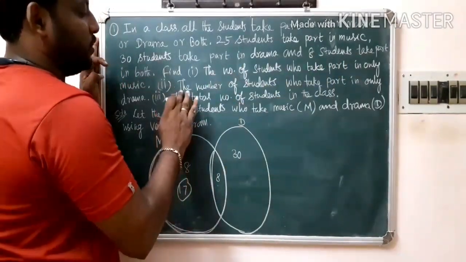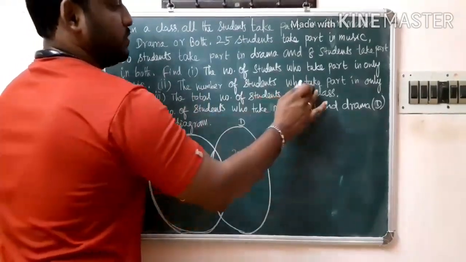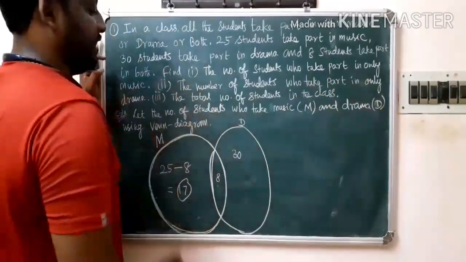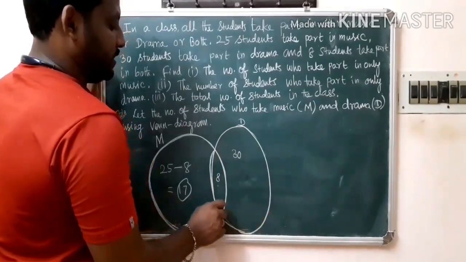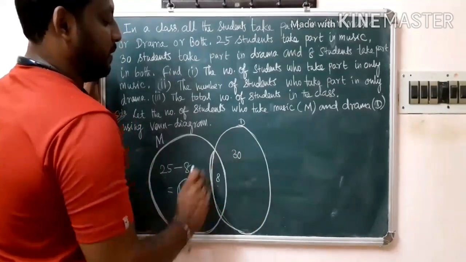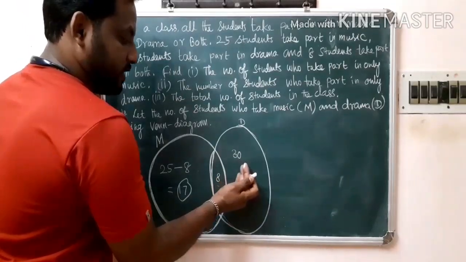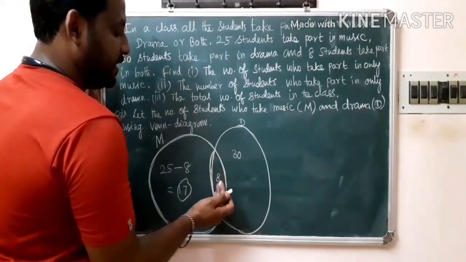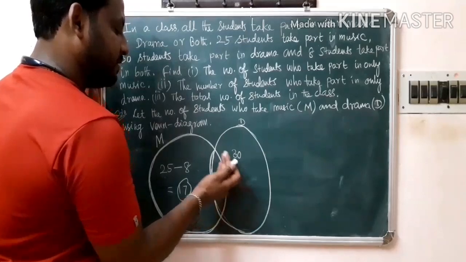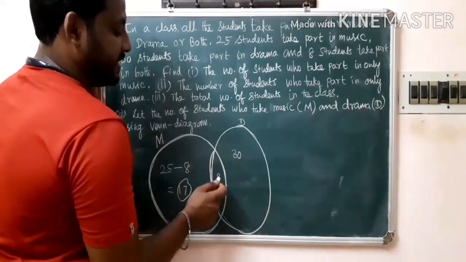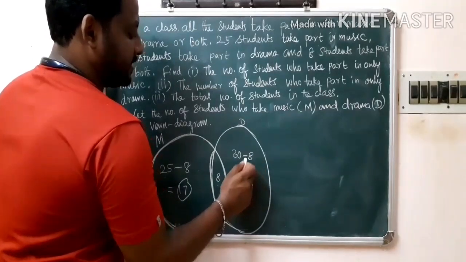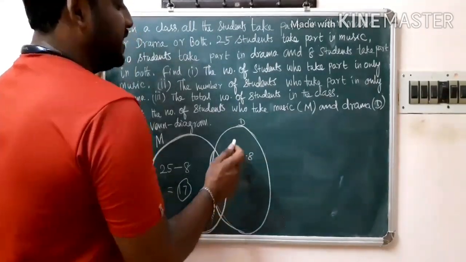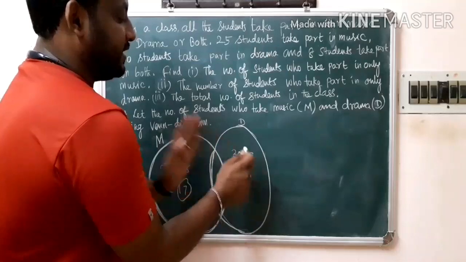And then we move on to the second question, the number of students who take part only in drama. Here 30 students participated in drama. In these 30 students, 8 students participate in both drama and music. That means we have to subtract 8 from 30, to find out only drama.